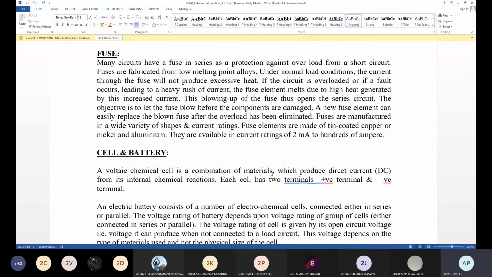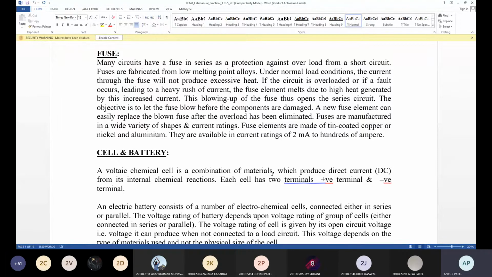Because sometimes we are using appliances more than our maximum demand. Suppose we demanded a load of 3 kilowatt, but our load now becomes 3.5 kilowatt or 4 kilowatt. So obviously there will be chances of short circuit. So sometimes even having these appliances, short circuit occurs.